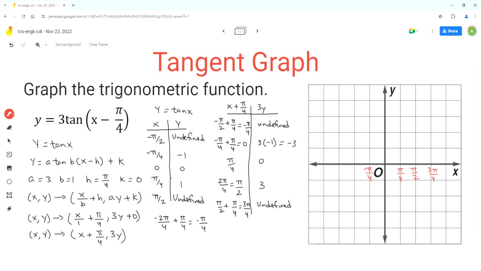Along the y-axis, we can just go up by 1 unit. Next, we can show the vertical asymptotes at negative pi over 4 and 3 pi over 4.